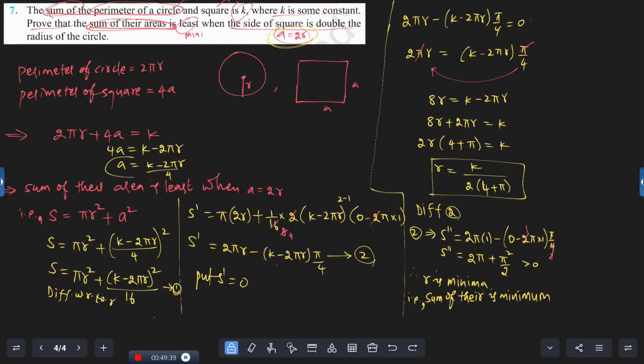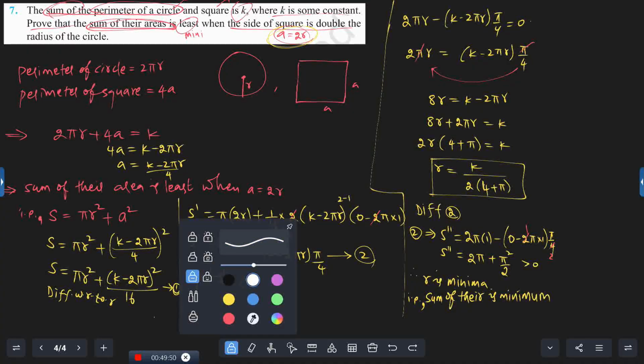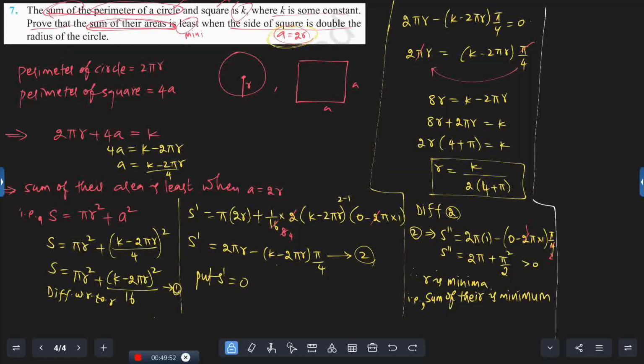What you got for the R value, here you substitute, and we will be getting the answer. Okay, shall we substitute? Let's substitute. Listen, I'll take this as the start point.